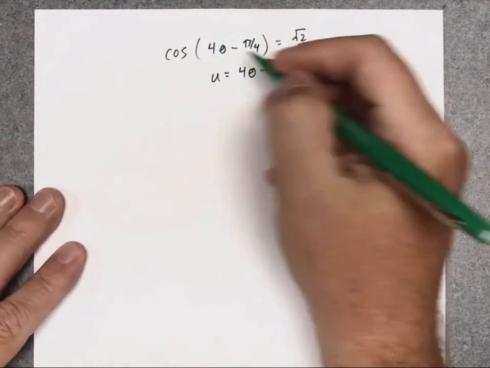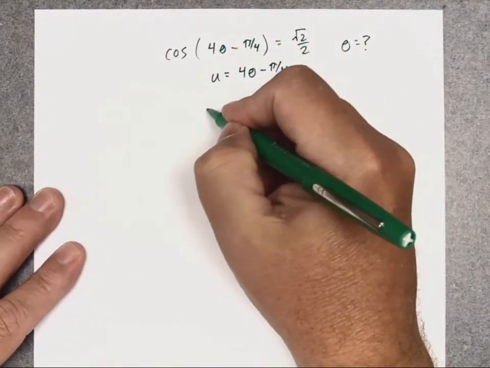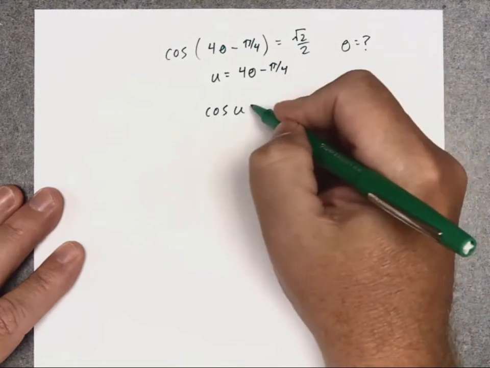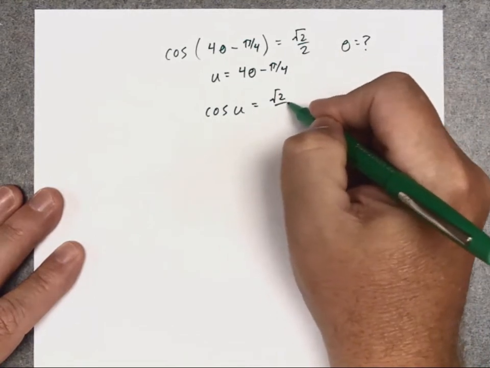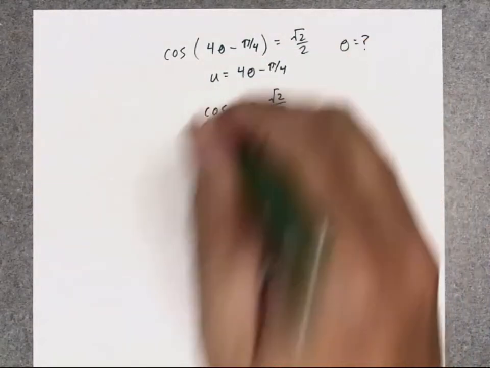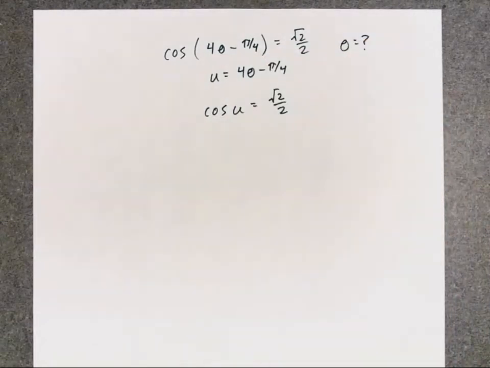Once I do that, then I can do the substitution, and my original equation just becomes cosine of u equals square root of 2 over 2. I can solve this. If u is my angle, let's go find the angles where the cosine is square root of 2 over 2.